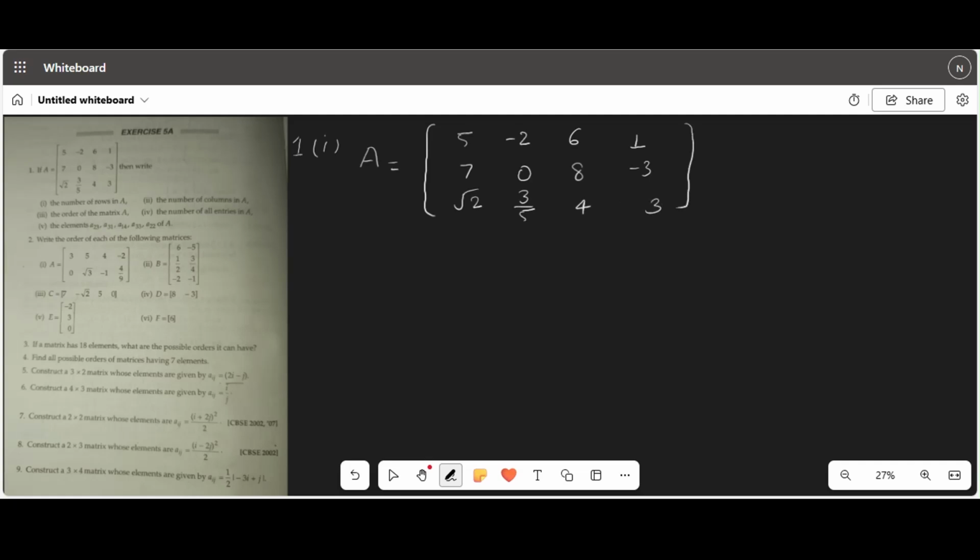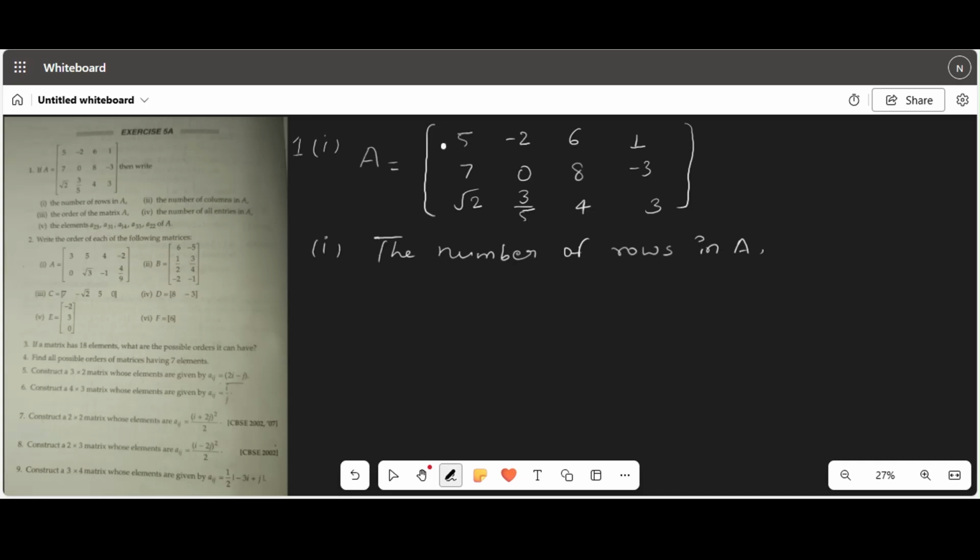What do you have to write? The number of rows in A. Clear? So what we have to write in this? The number of rows in A.